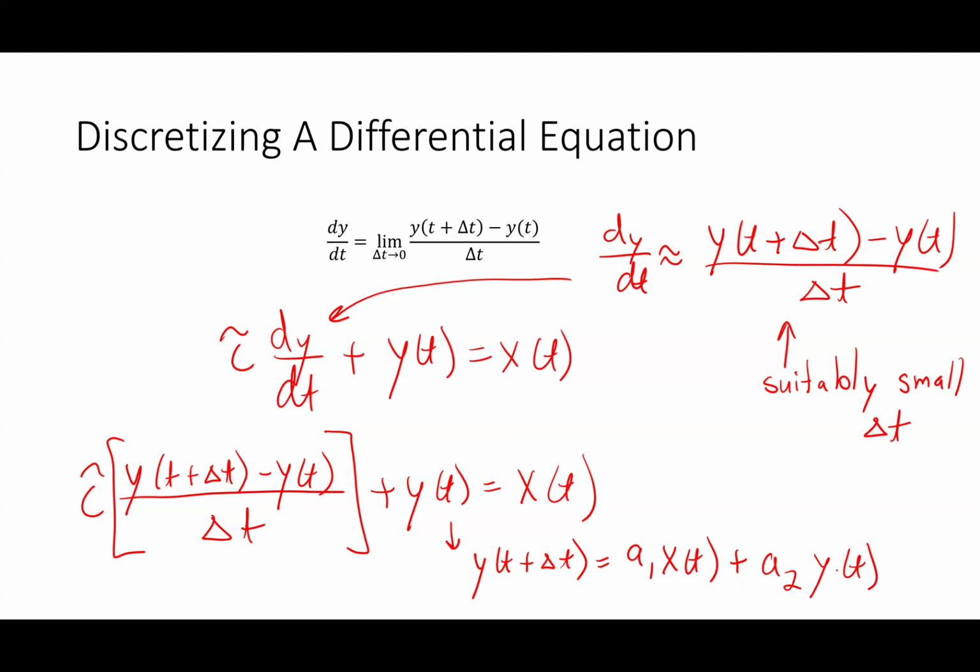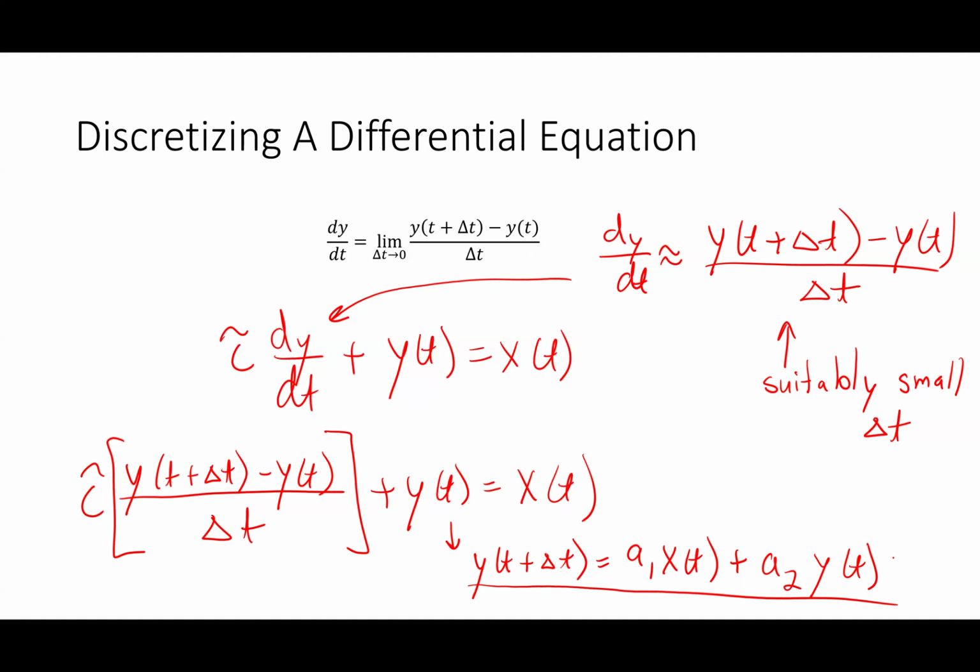So how did you use this in the last problem on the homework? You put that in a for loop, and at each time through the for loop, you're trying to pick the next value, y of t plus delta t.